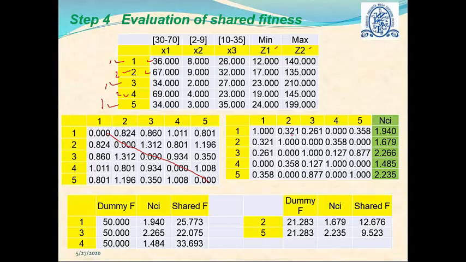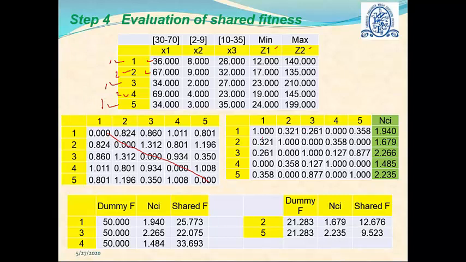This is how we find the sharing. It means that the more the distance, the lesser the sharing. You can observe here the distance was 0, and sharing is 100%. It means that solution 1 is 100% shared with solution 1. The distance between solution 1 and 2 was 0.824, and the amount of sharing is 0.321. So sharing is inversely proportional to the distance.